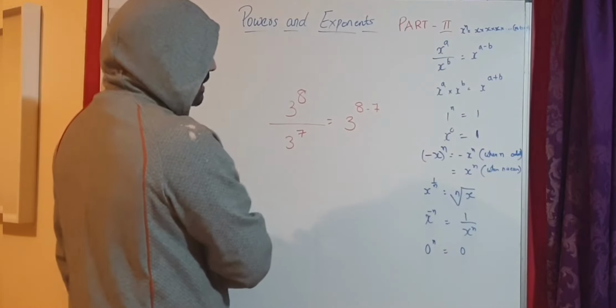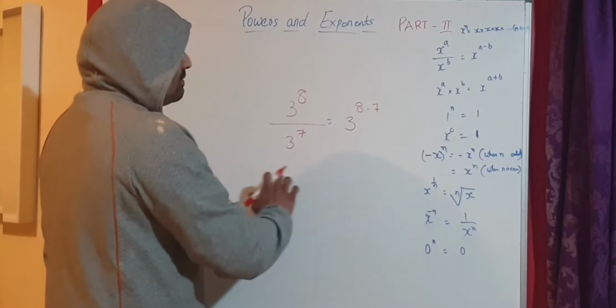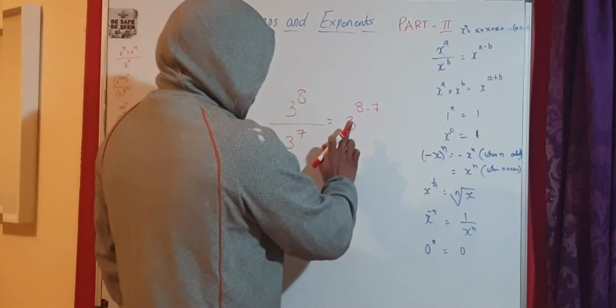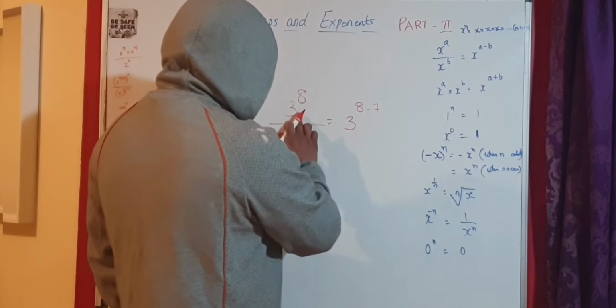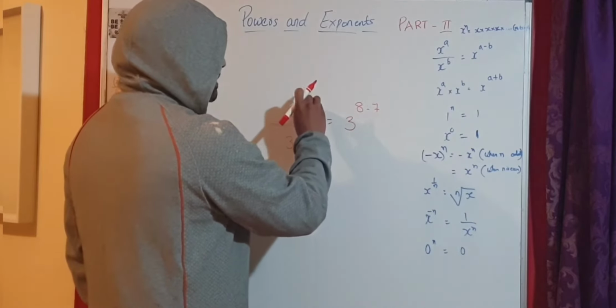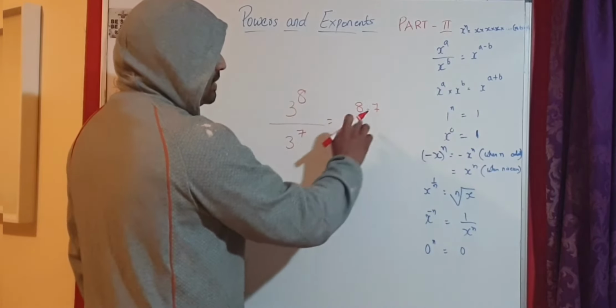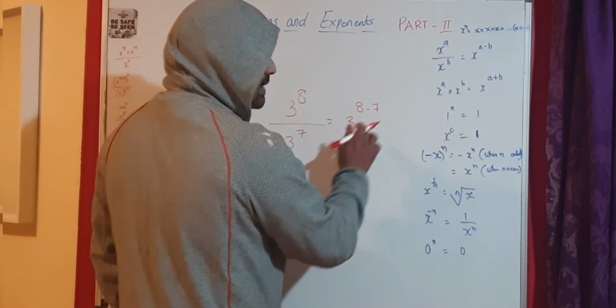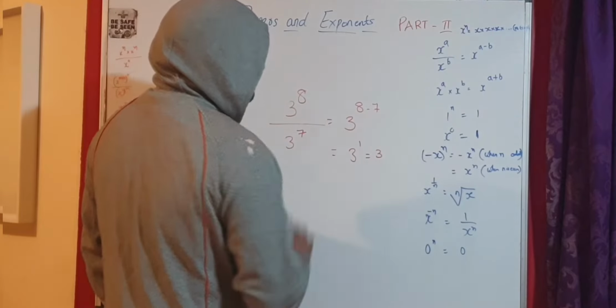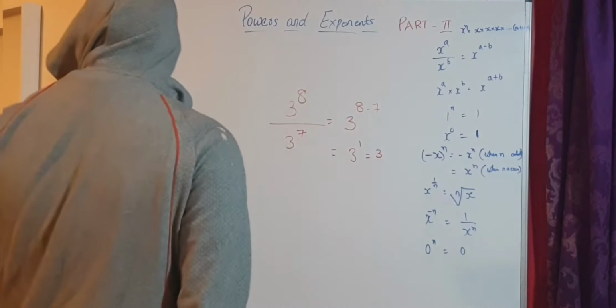In this case, 3 is the base, and we retain the same base and subtract the denominator's power from the numerator's power. So 3 to the power of 8 minus 7 is 3 to the power of 1, which is 3.